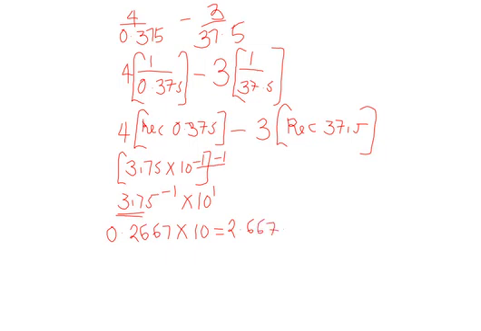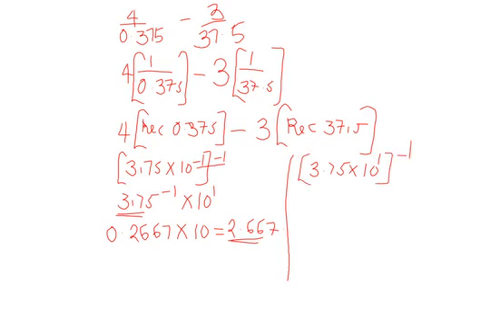Now we also look for the reciprocal of 37.5. We write it in standard form, which is 3.75 multiplied by 10 power 1. Again we raise by -1 to mean reciprocal.